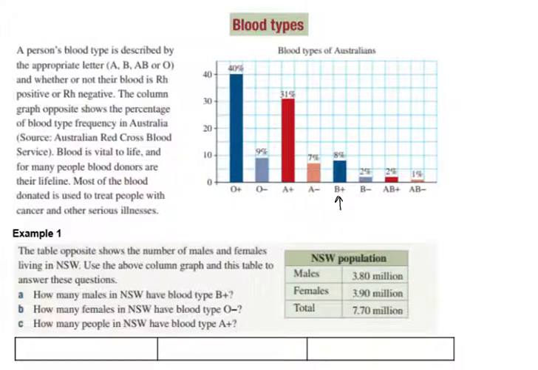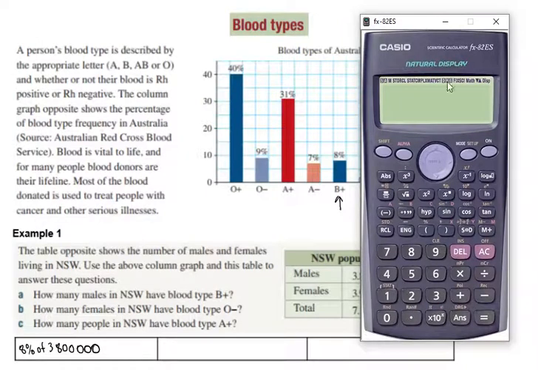So we're going to grab our calculators and work out what 8% of 3.8 million is. And this is how we write 3.8 million. Now, if I grab a calculator, which is right here, remember when we do a percentage on a calculator, we're going to type in the quantity first.